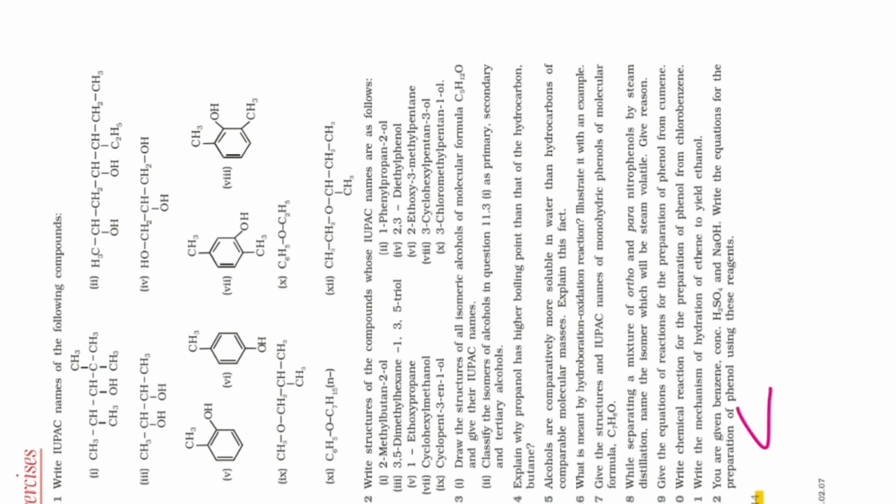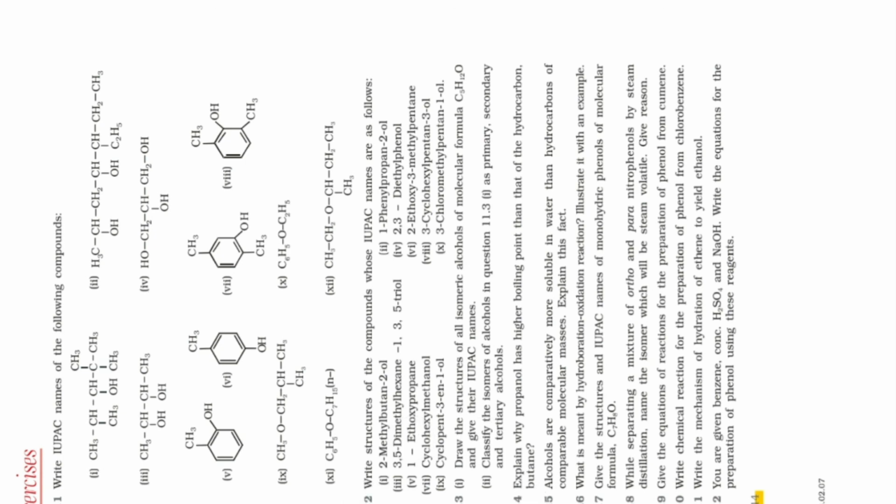Pentane means 1 2 3 4 and 5, and on 3 there is chloromethyl, sorry, chloromethyl means CH2Cl. Is that clear? And on 1 there is an OH group, you will attach the OH group over there. Clear? Okay, student.